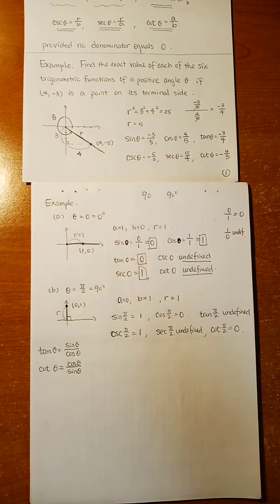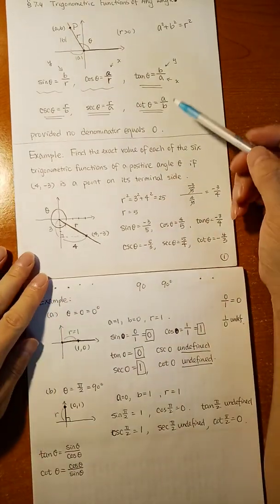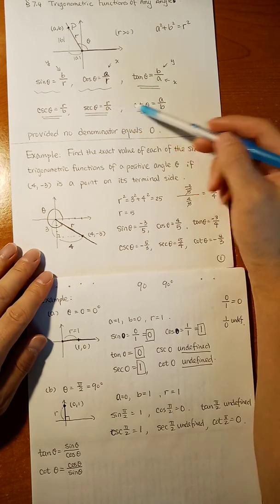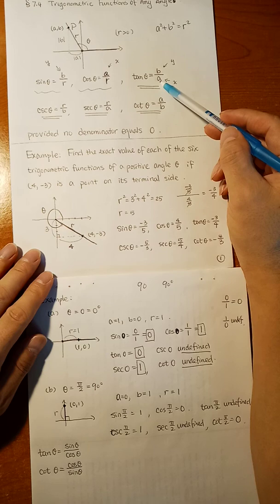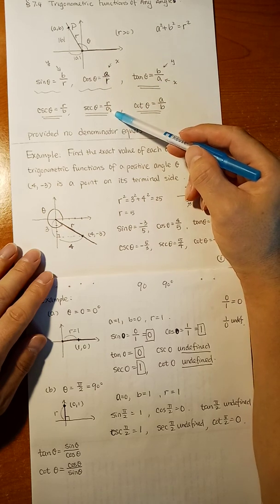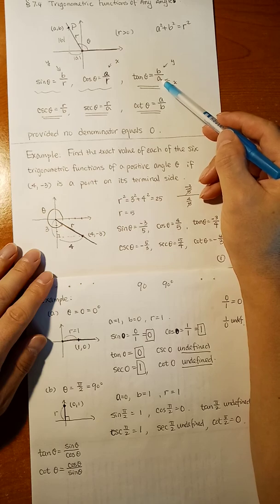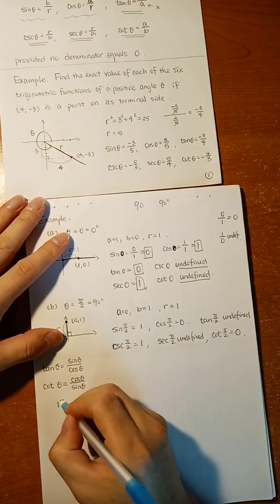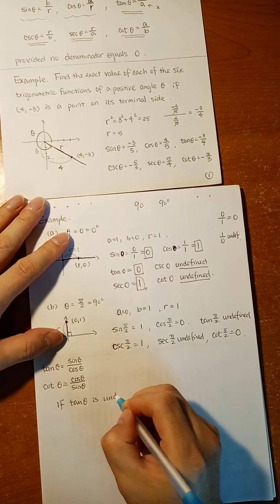Okay. So from these two examples, we actually have some observation. Let's check here. We are talking about the ratios A and B. Here, you see, tangent theta has denominator A. Secant theta also has denominator A. So if tangent theta is undefined, it means A is equal to 0.